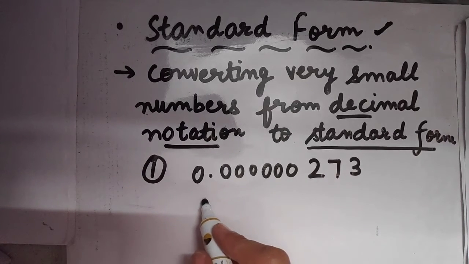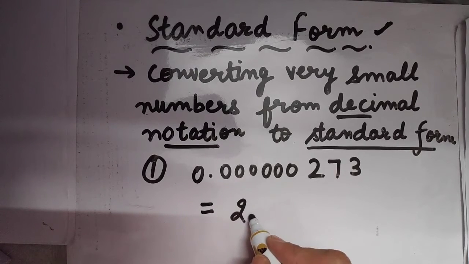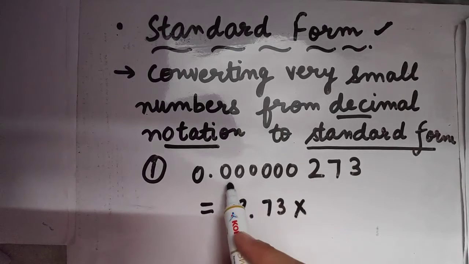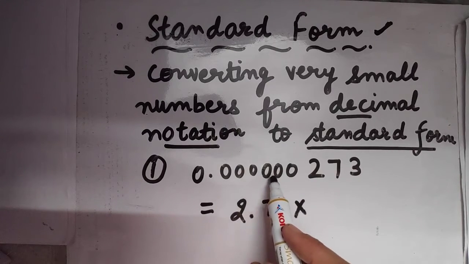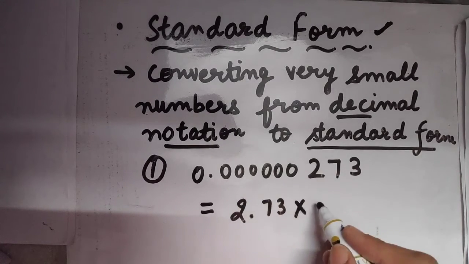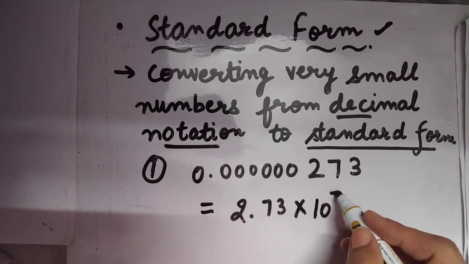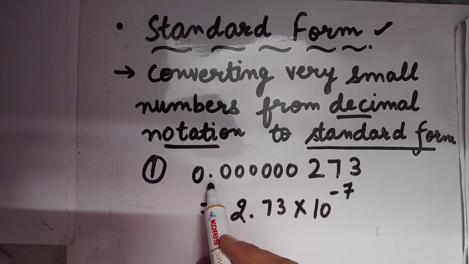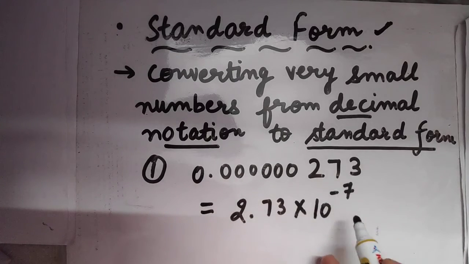So, I will write this number as 2.73, and how many steps have I moved? 1, 2, 3, 4, 5, 6 and 7. So, it will be 10 raised to the power minus 7. Whenever you are moving the decimal from left to right, you are supposed to take the negative exponent. It will be a negative exponent.